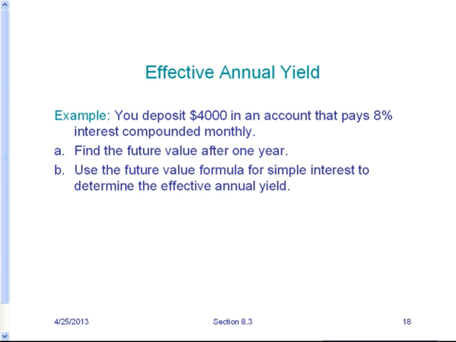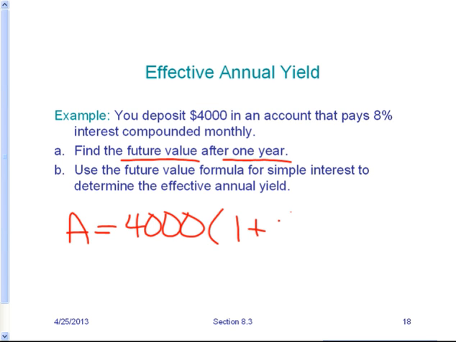You deposit $4,000 in an account that pays 8% compounded monthly. First thing we're going to do is find the future value after 1 year. Remember, this is only for 1 year. So A, that's our future value, the amount we have in our bank, is the principal times (1 plus my interest rate over n), compounded monthly, n is equal to 12, for 1 year.